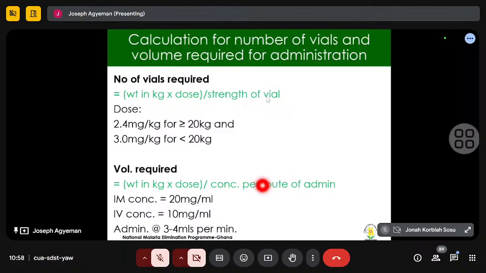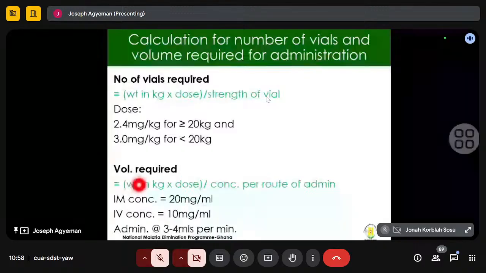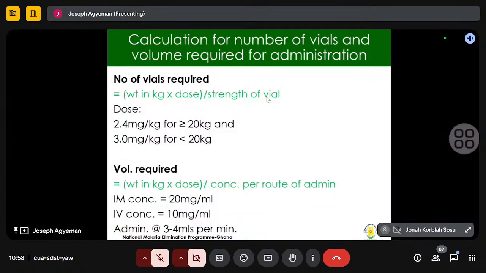Then you put 10 there. So for the volume that the patient requires, the numerator will not change from the formula that you use for the vial calculation. But the denominator now will switch from the strength of the vial to the concentration as per the route of administration. So if it is IM, you put 20 here. If it is IV, you put 10 here.